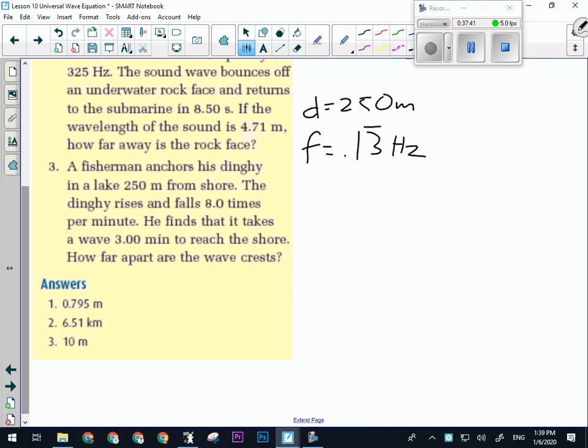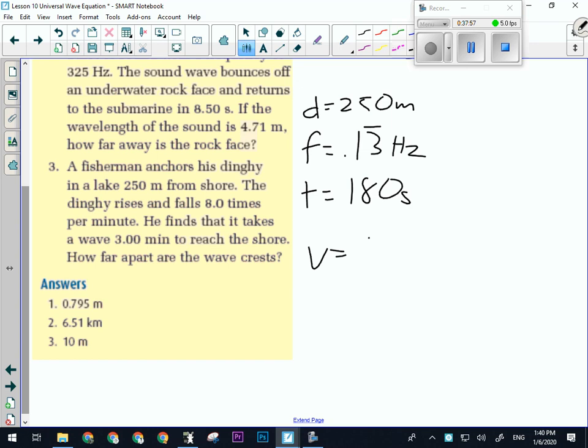The last thing it says is that it takes 3 minutes to reach the shore. That's 180 seconds. So I've got distance and time. What can I use that to find? I can find speed.